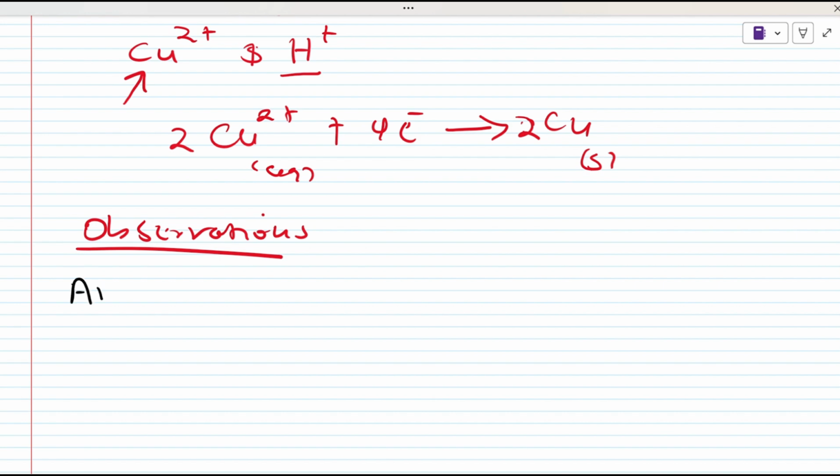At the anode, you realize that we produced oxygen and water. Water is a colorless liquid.